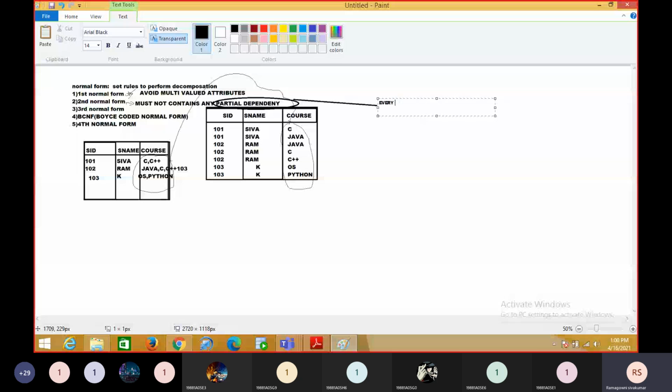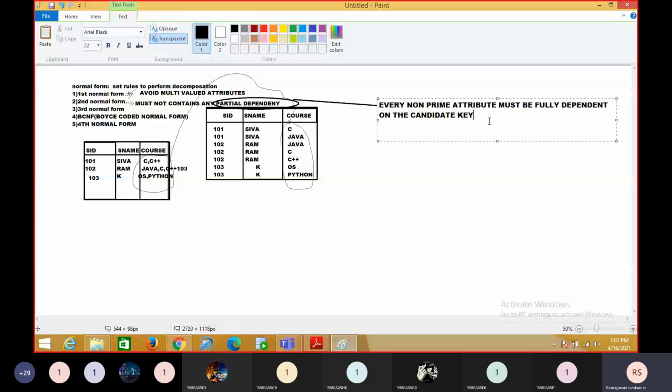Every non-prime attribute must be fully dependent on the candidate key.